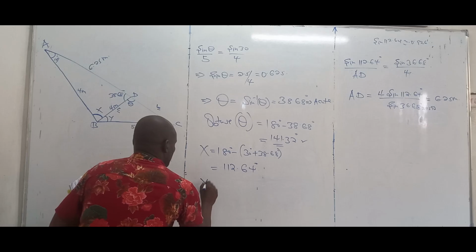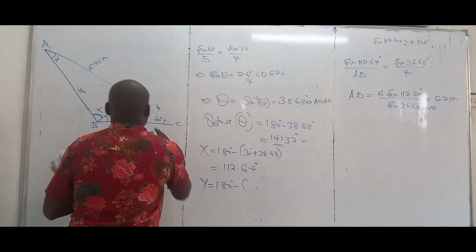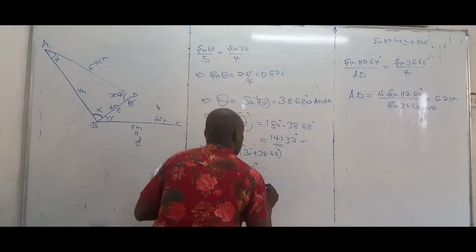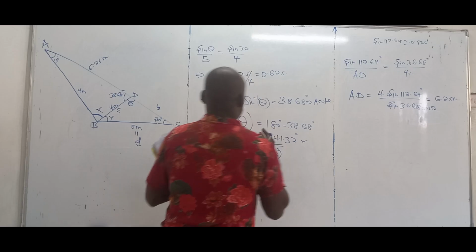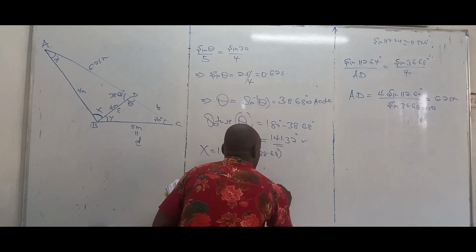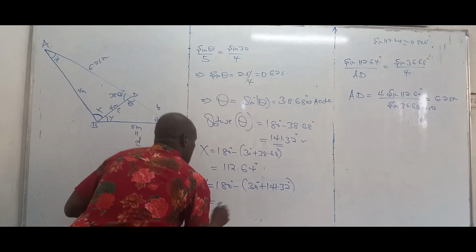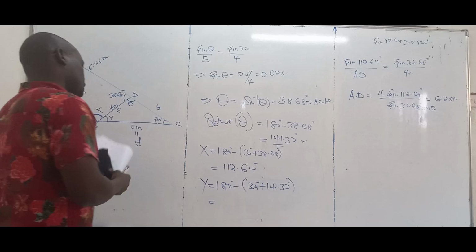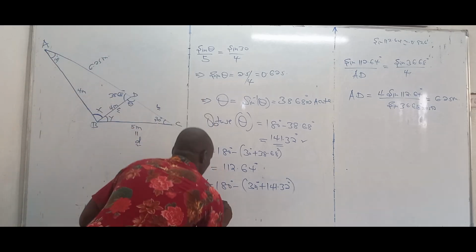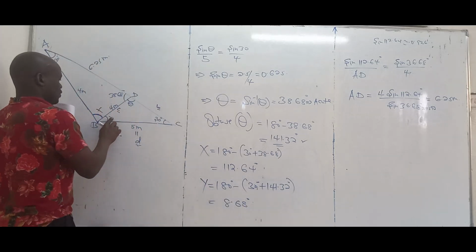So Y is equal to 180 degrees minus 30 plus 30 degrees plus the other one we had, the obtuse one, 141.32. Now, if you do this, then you should be able to get that difference to be about 8.68 degrees.